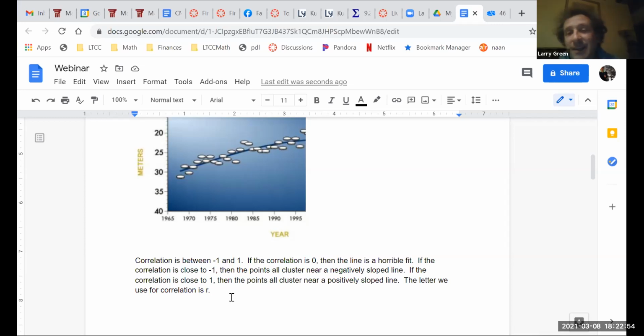I'm going to give you some thoughts and see if you can tell me what the correlation might be. What if you went to an elementary school and looked at the weight of a child and the height of the child, and you plotted the scatter plot? What do you think the correlation might be?